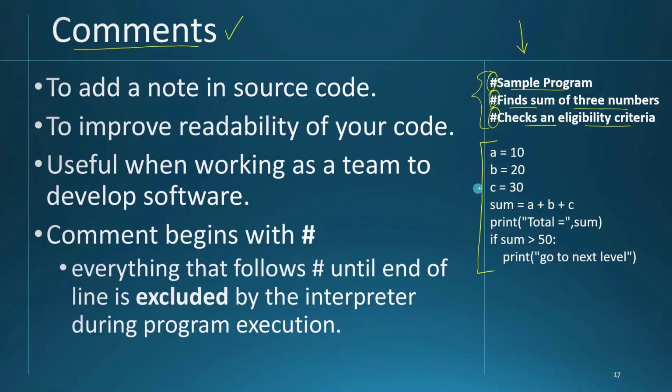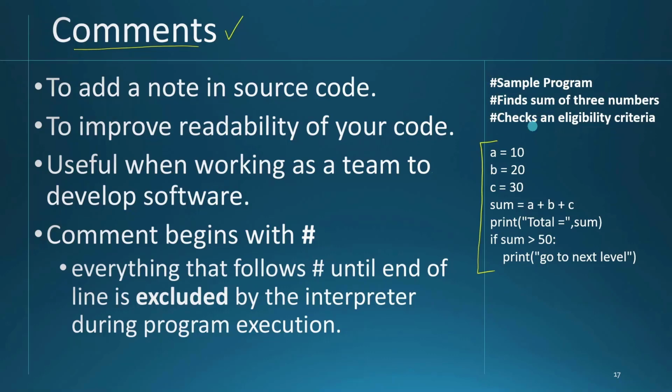Assume that you have written this code and sent it to your friend without the comment, only the program part. When your friend opens this file, he will start to read a equal to 10, b equal to 20, c equal to 30. He has to read the entire program to understand the purpose of this code.